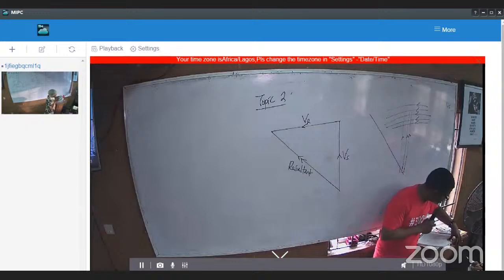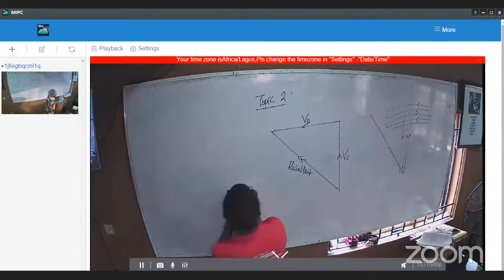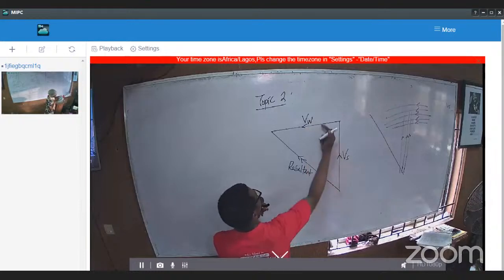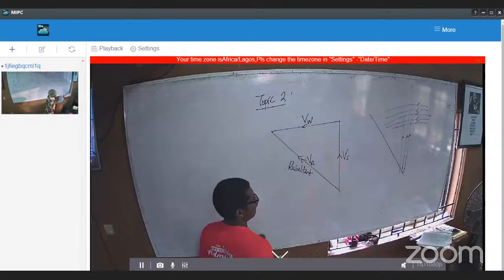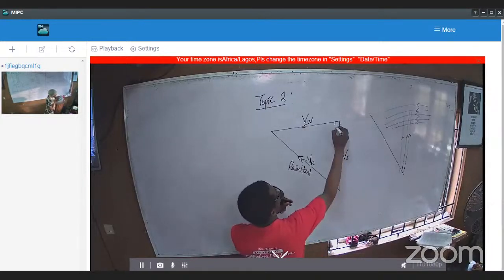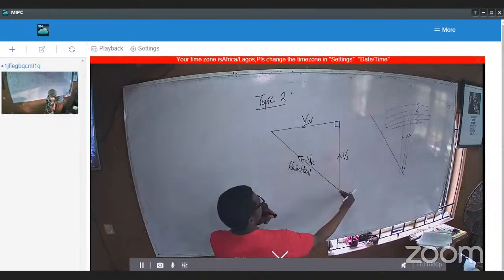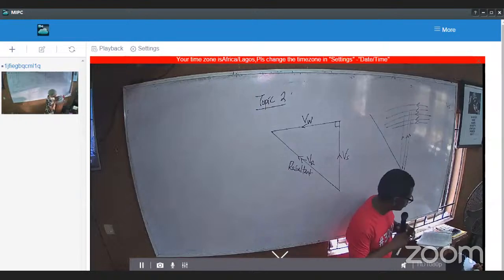VW, not V. The first one is VS. The second one is VW for wind. This is ship S. This is wind. And then this is VR, resultant. So for knots, you go up like this. Wind is blowing due west, pushing it like this. I have 4 option diagrams. I don't want to draw. No time.